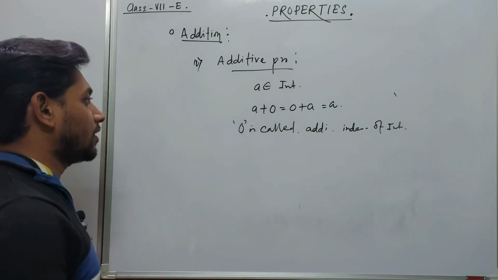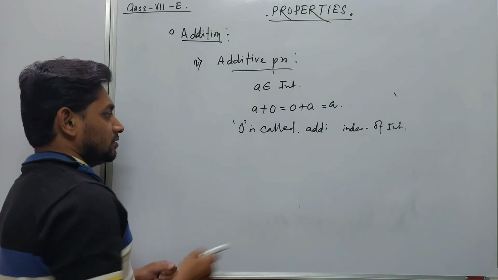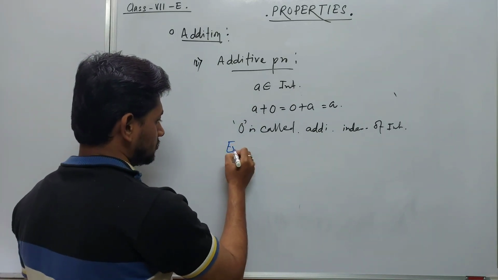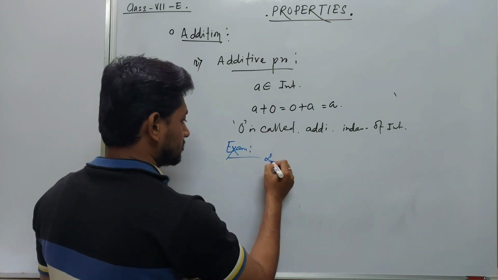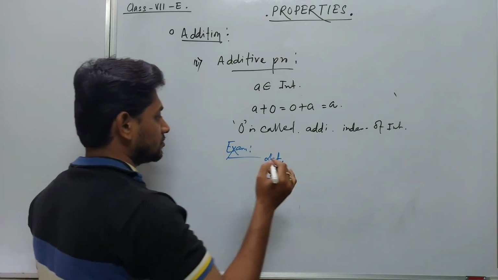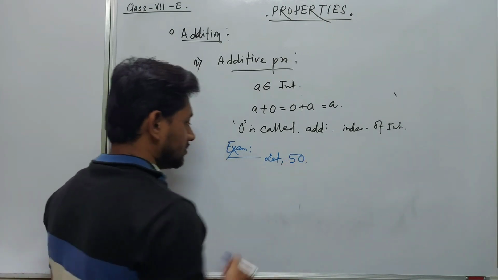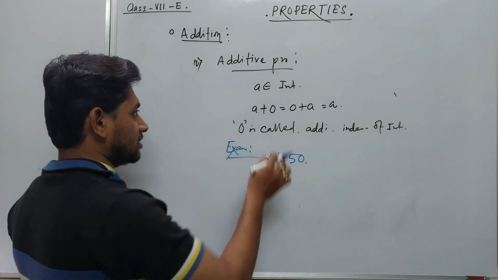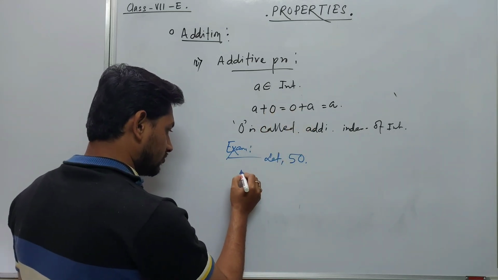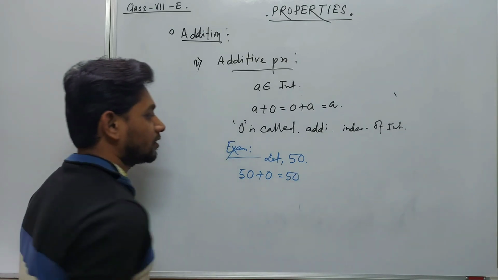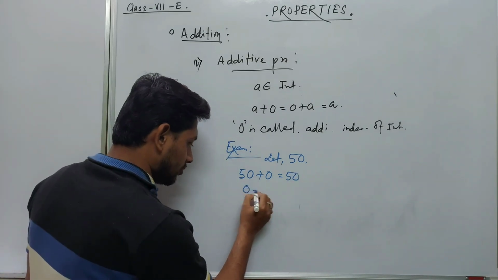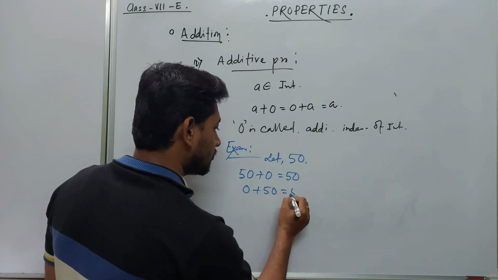For example, let us take the number 50. Then 50 plus 0 is 50, and 0 plus 50 is also 50.